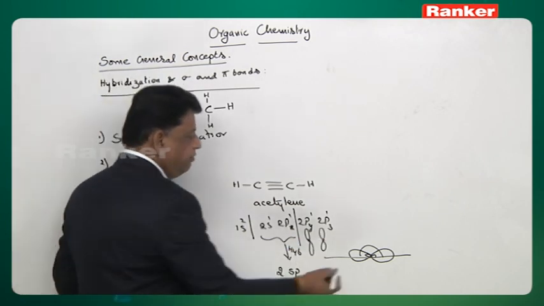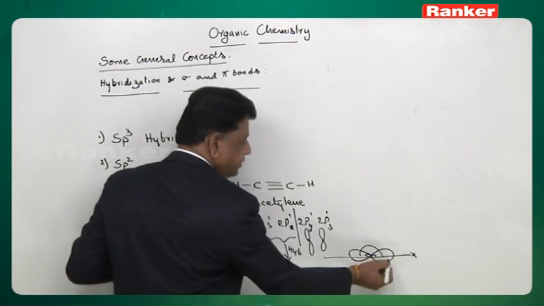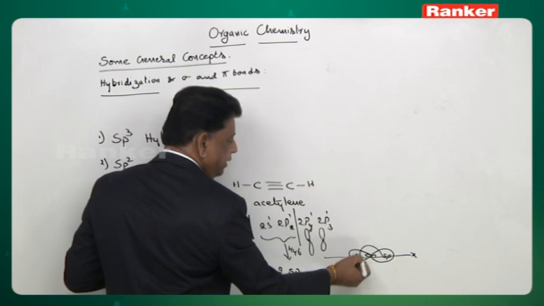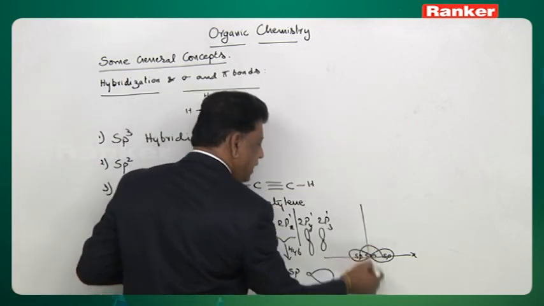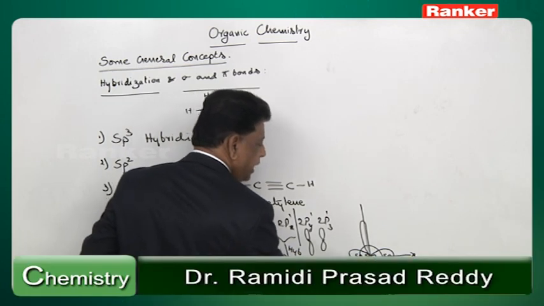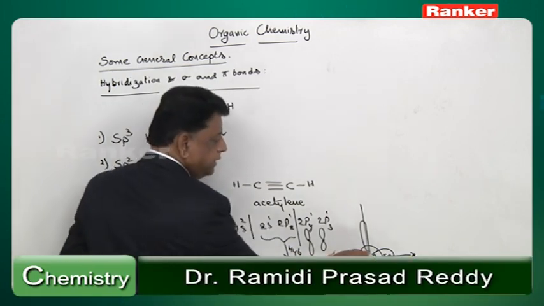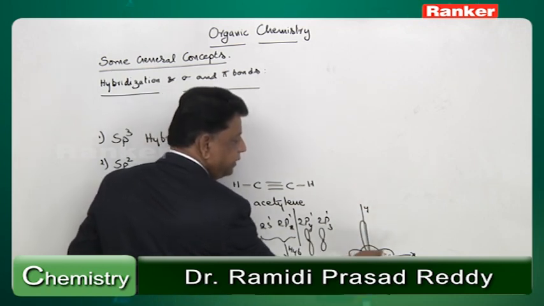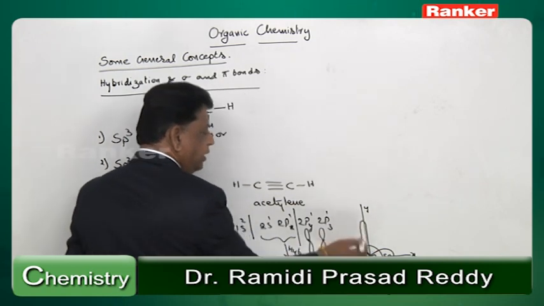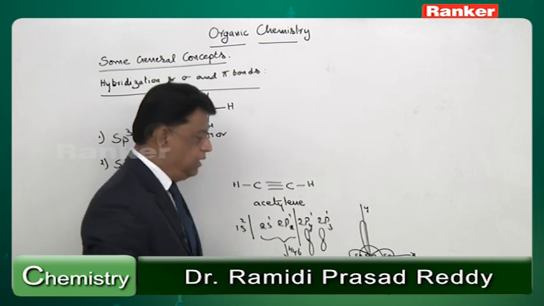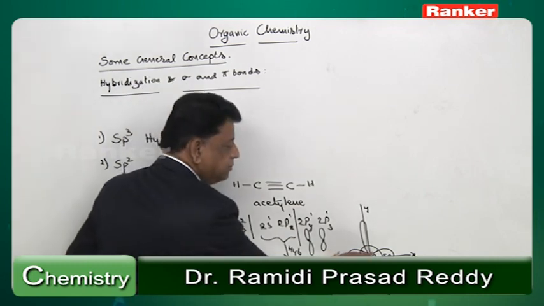Therefore, with reference to the x-axis, these hybrid orbitals are placed in a linear pattern. On the y-axis there is one unhybridized py orbital, and there is another on the z-axis. With reference to x and y, the z orbital will be perpendicular to both x and y. You cannot write it on the board. Actually, the board is two dimensional, but the z axis comes like this.